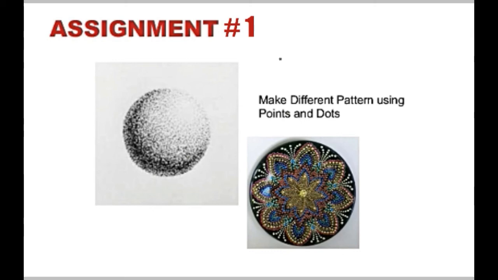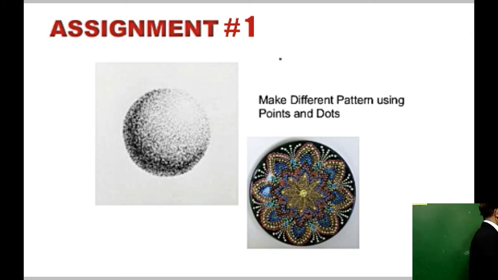So points and dots patterns that create shapes, that is what you will do for your assignment number 1. Of course, where will you do this? You can do it on bond paper. You can use any colored pencil or you can use black and white, but I suggest use mixed colors, different colors.